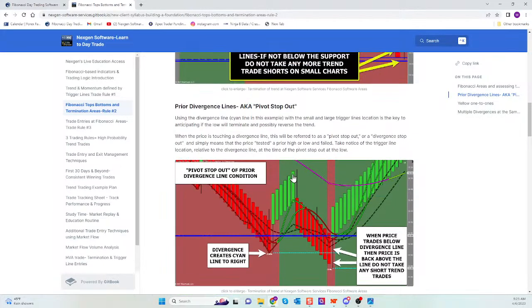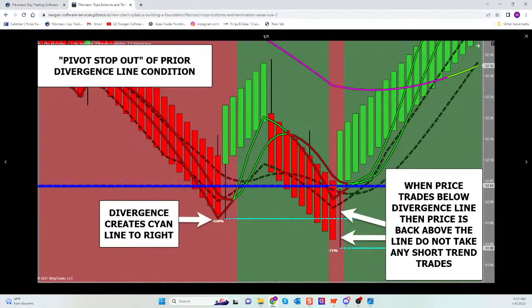And then on that same note, and I think that this kind of goes through what you were saying, here's that first pivot, right? There's that divergence. We're not doing anything other than recognizing that there was a loss of momentum. This isn't a termination condition on its own. It's when price comes back, reaches that divergence, exceeds it a little bit, and heads the other way.